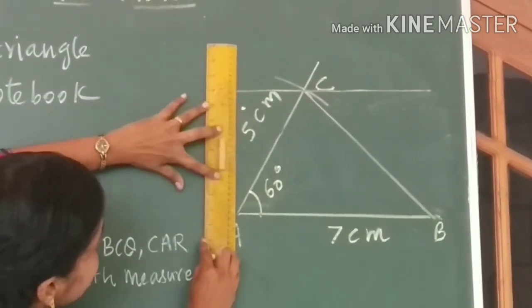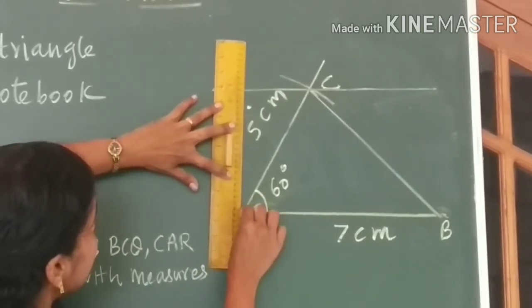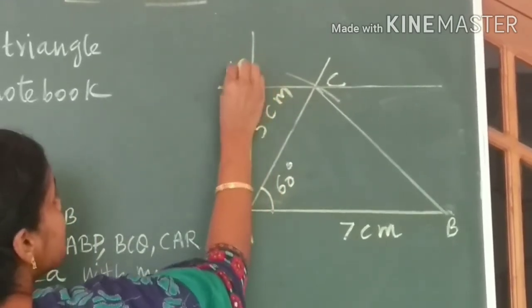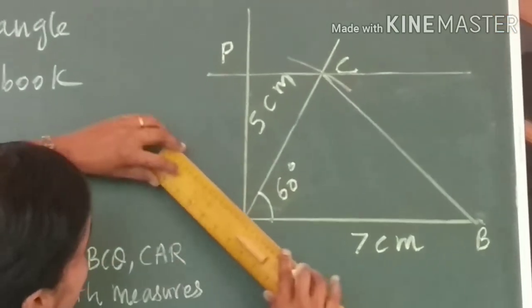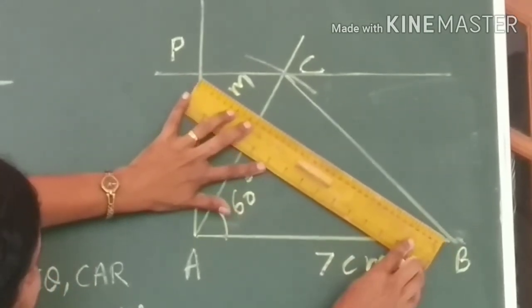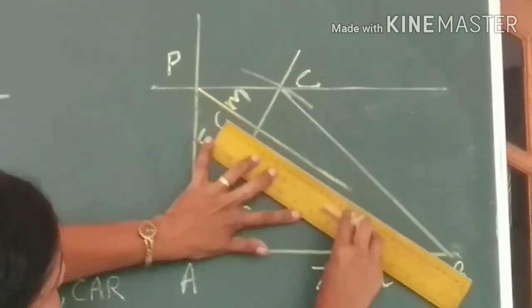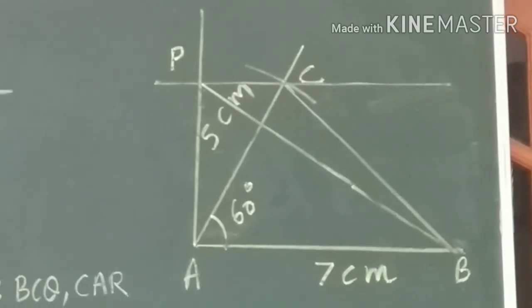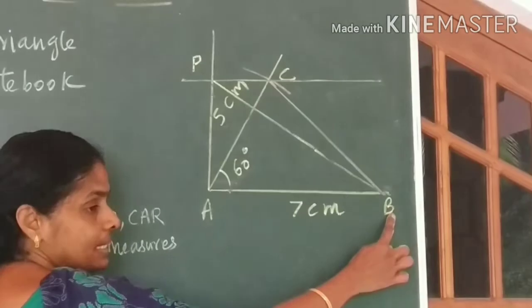Join the vertex A with the 90 degree mark and name this point as P. Now join P to B. So you got a triangle for which AB is the base.